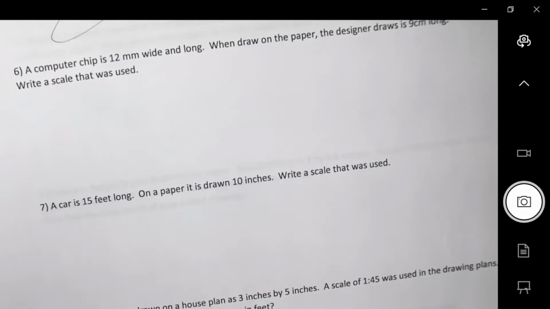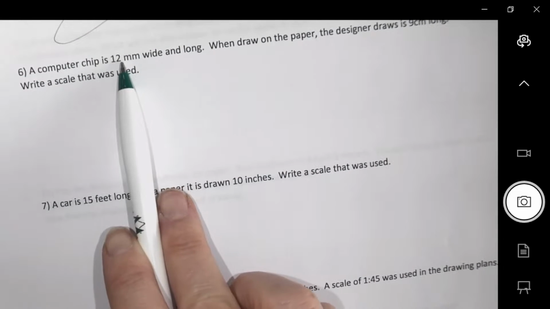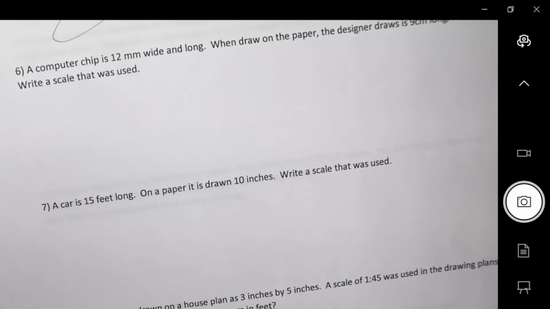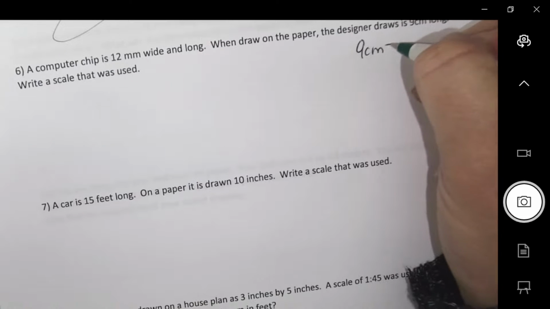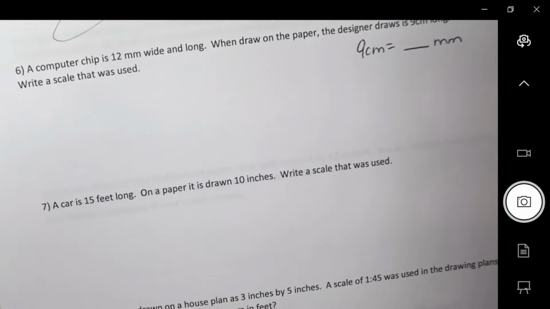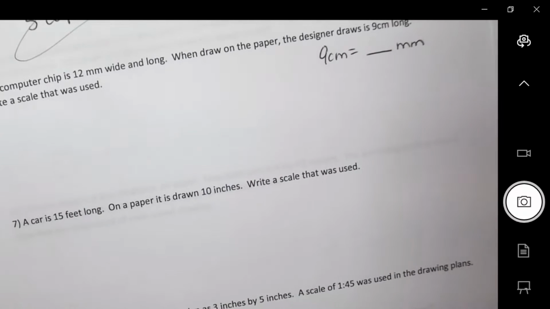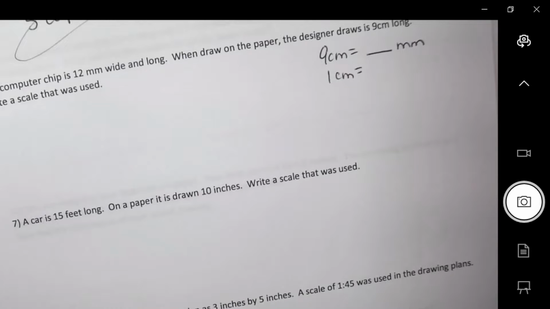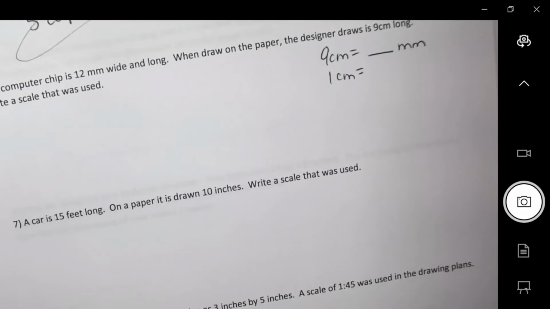So what do you want to go to? Do you want to change this to a centimeter, or would you like to change this to a millimeter? I'm going to change this to millimeters. That'd be easier. Anybody know this one without looking at the paper? Do you know your measurement stuff? 1 centimeter? How much? 10.